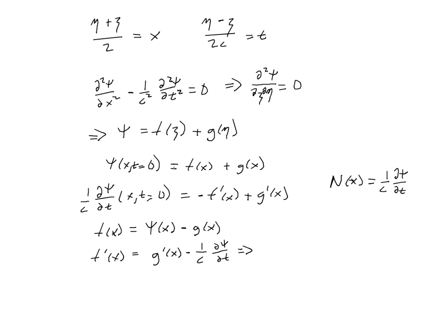And then this, in turn, can be written where f of x is equal to my g of x. And then I could just integrate this in order to get my psi term. So I have minus 1 over c times the integral of partial psi with respect to t, where I'm integrating with respect to x.